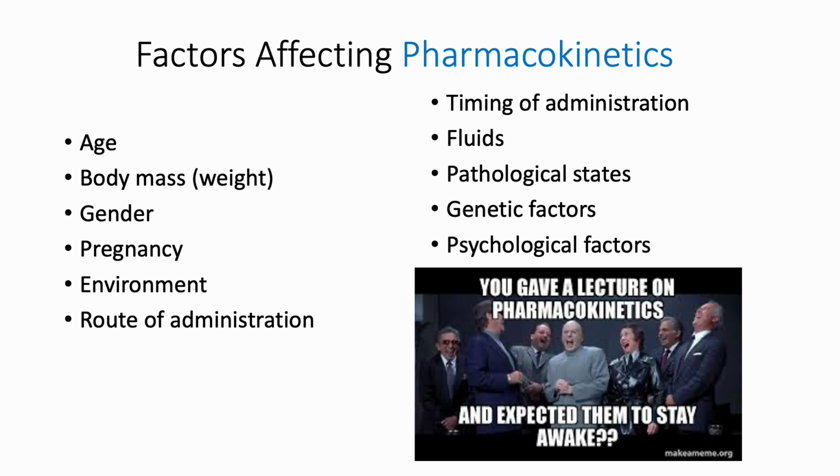So absorption happens when we're looking at systemic effects versus local effects. And lots of things can play into that piece of it. But we know that certain routes of administration are going to absorb a lot faster than other routes, and some go systemic and some do not. So we know IV is going to be the quickest way to get our medications to absorb.